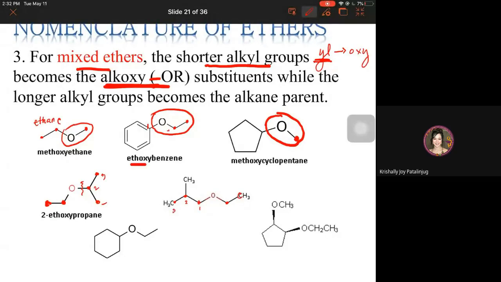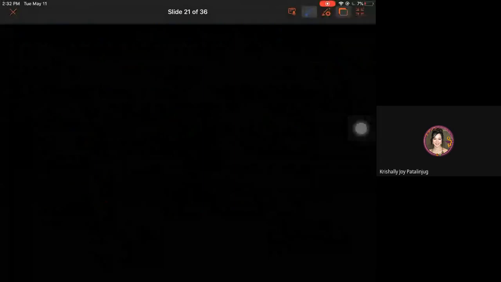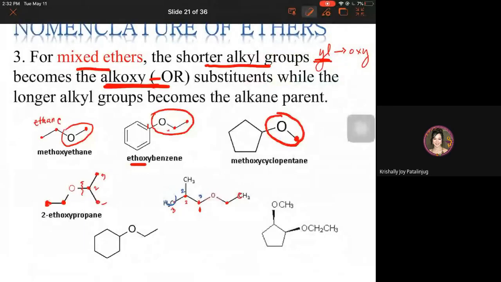You just apply the rules. The rules don't change. So this is carbon 1, 2, 3. What are the substituents? You have ethoxy on carbon 1, then methyl. Which comes first? Ethoxy. So 1-ethoxy-2-methylpropane.